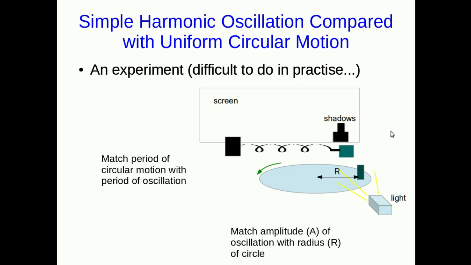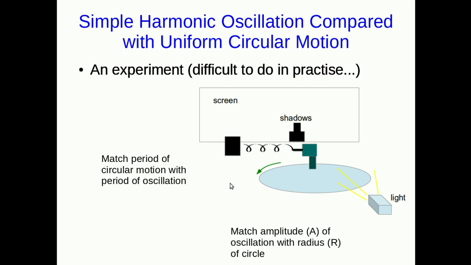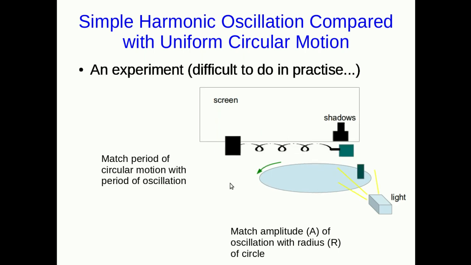This is a mass on a spring. These are seemingly unconnected, and yet they move in lockstep. So this is a very useful little observation, and we're going to use it in a moment to develop some expressions that are going to be very useful for us analyzing simple harmonic oscillations.